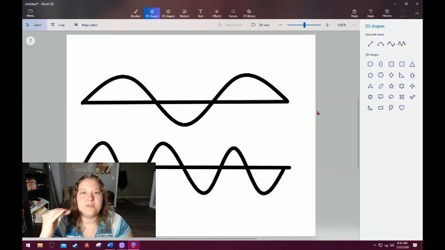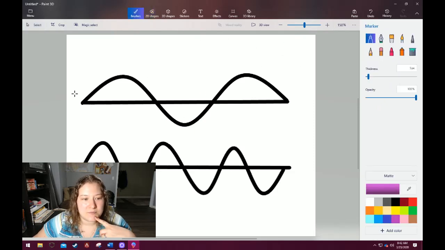So these two waves are different in frequency. It's how often the same wave occurs over and over again. So for instance, this one wave occurred only once in this same amount of time.